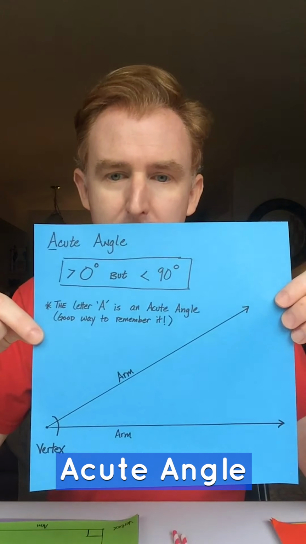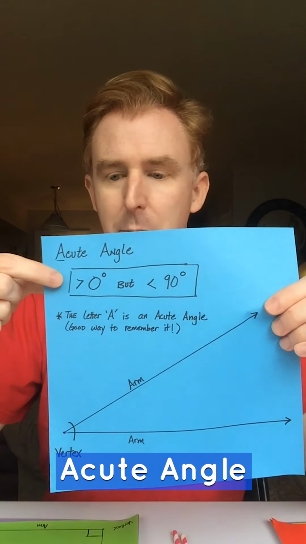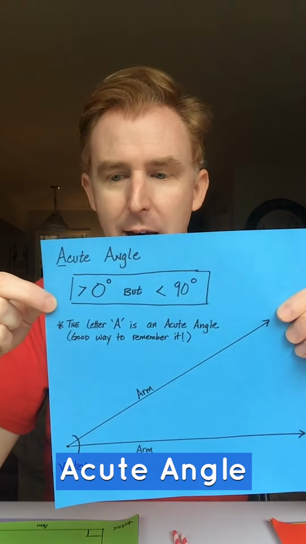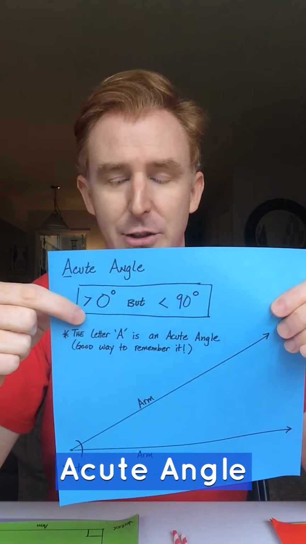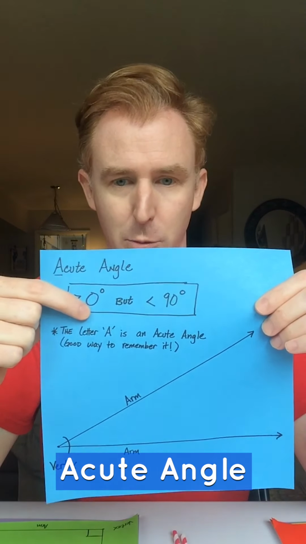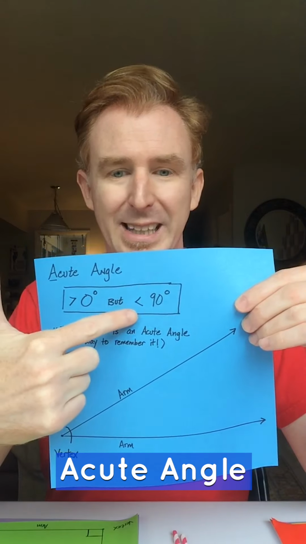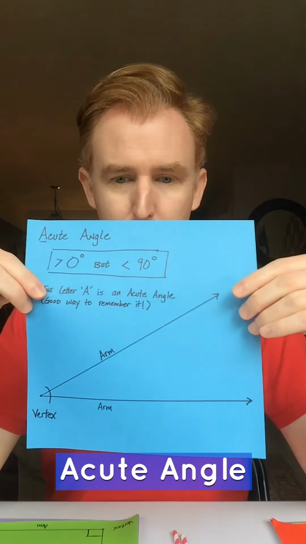The next is what you call an acute angle, and in mathematical verbiage, an acute angle is greater than 0 degrees, but less than 90 degrees.